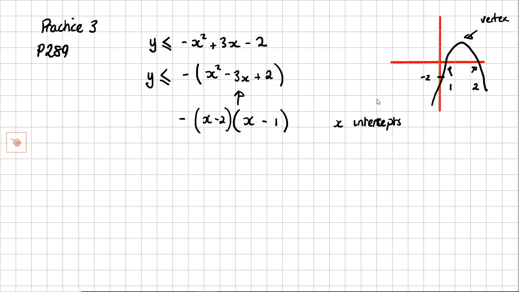But we've got our x-intercepts sorted out at 1 and 2. Right. Does that negative affect the x-axis intercepts? No, because the x-intercept is when y is equal to 0.